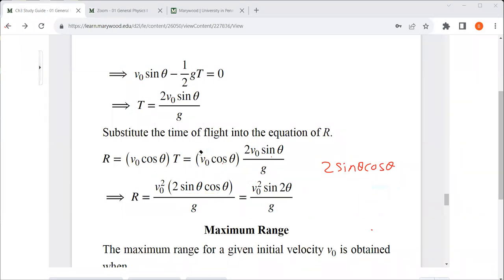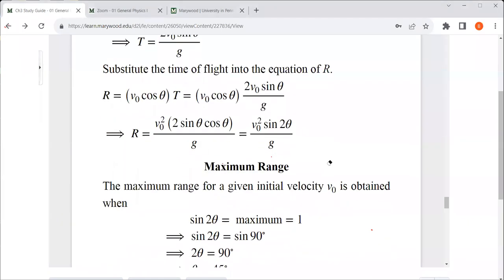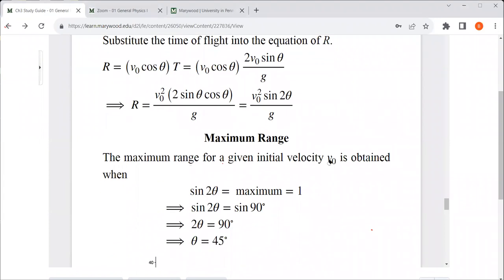A little bit of algebra here. Now R is the range, and I want to know the maximum range: how far we can go if we don't change v0. The gravitational acceleration is a constant. For example, if we do this experiment on the surface of Earth, it's basically 9.80 meters per second squared, so we cannot change it.